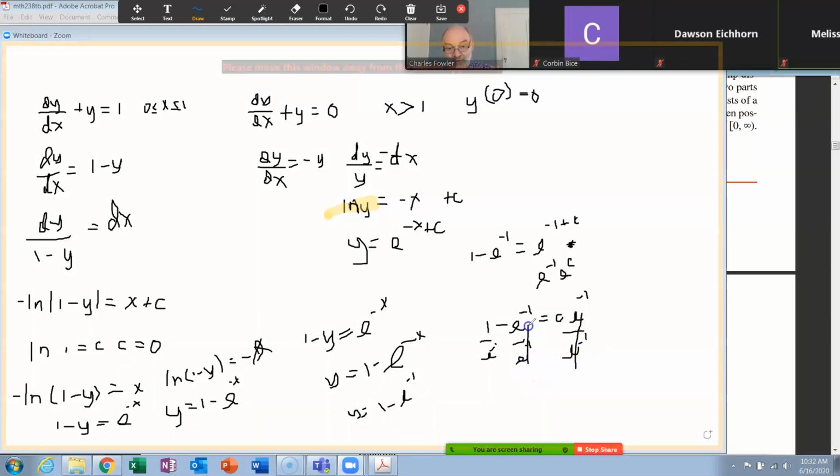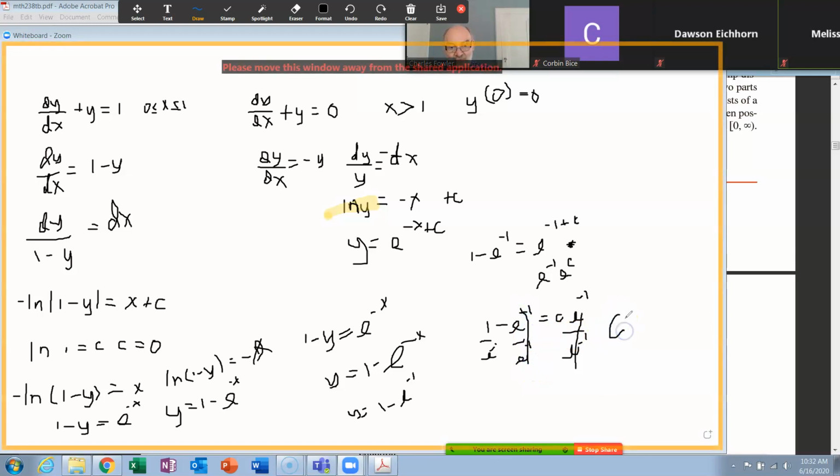Of course, these will go out too. And you wind up with c, this new c, this is a different c. C is equal to, and 1 over e to the minus 1 is just e, okay? So c is equal to e minus 1. That's not to the minus 1, it's minus 1, okay?